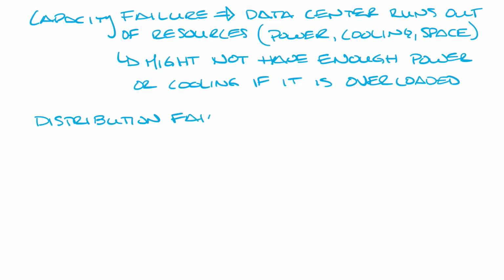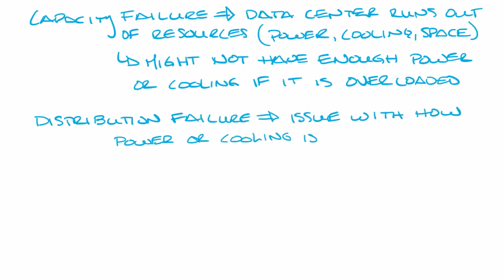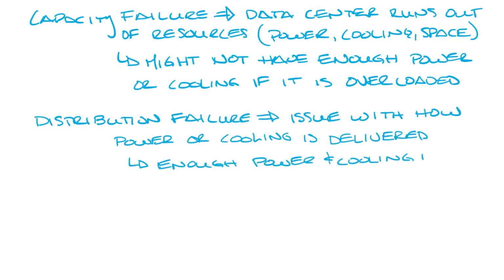A distribution failure is when there's an issue with how power or cooling is delivered to the different parts of the data center. Even if there's enough power or cooling available, it might not reach all the servers due to a problem with the distribution systems. It'd be like if your house has enough electricity, but a blown fuse means you can't turn your lights on.